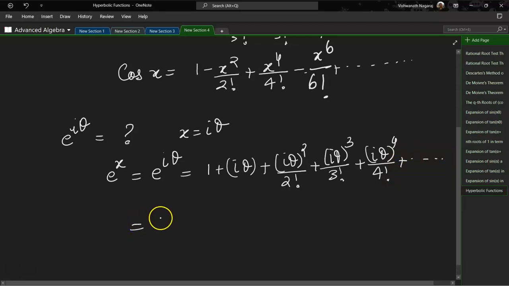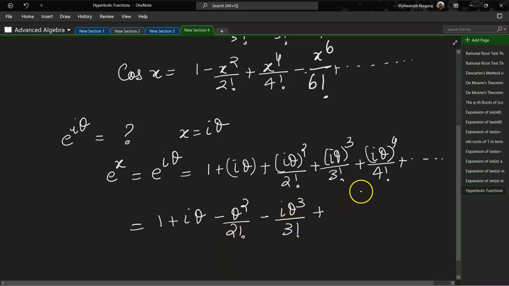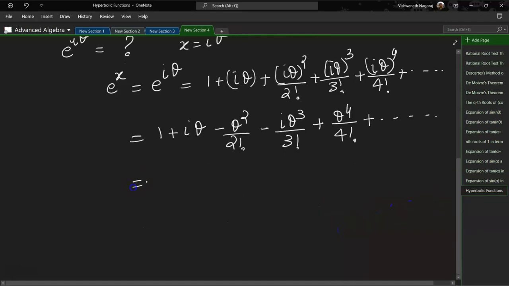So we get 1 plus i theta, i square is minus 1. So minus theta square by 2 factorial. Then i cube is minus i, so minus i theta cube by 3 factorial plus i to the power of 4 is 1. So theta to the power of 4 by 4 factorial plus and on and on, right? So now if you notice, this is real, real, real. This is imaginary, imaginary.